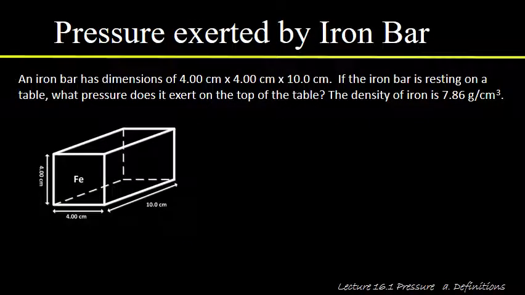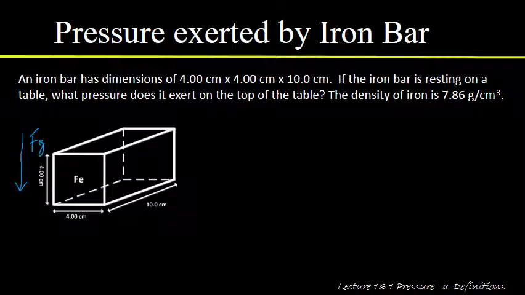All right, so let's look at calculating the pressure of some simple object. Let's say we've got this iron bar and it's sitting on top of a table, right? There's going to be a gravitational force pulling down on the bar. We can calculate what that is, all right?